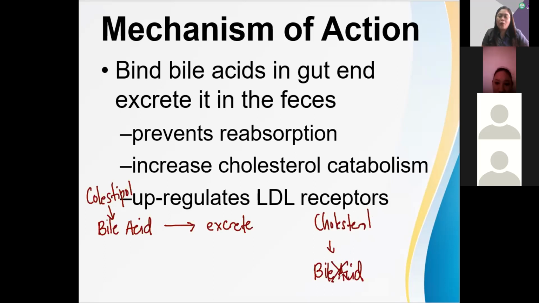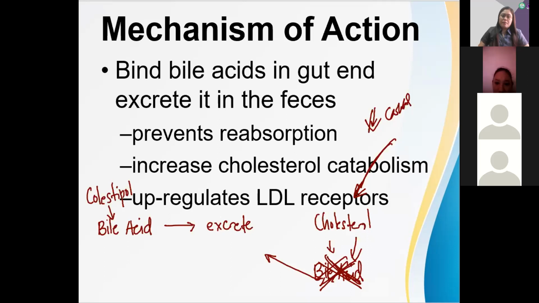If you get rid of the bile acid, our body is in constant production of bile acid. Since it is being excreted, our body will get cholesterol from other parts, like the blood, to make more bile acid. So the cholesterol in our blood decreases. As you continue taking these bile acid sequestrants, you continue to excrete bile acid, and this will again result in increased catabolism, the breakdown of cholesterol.